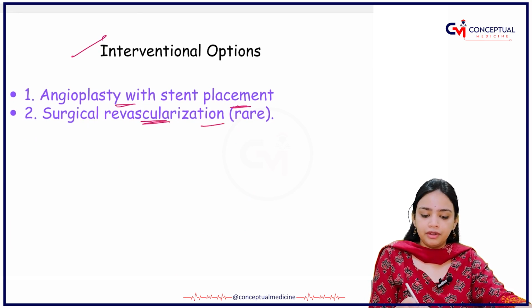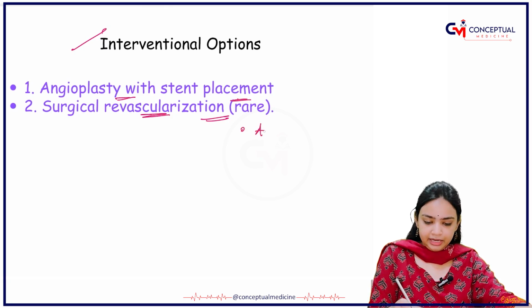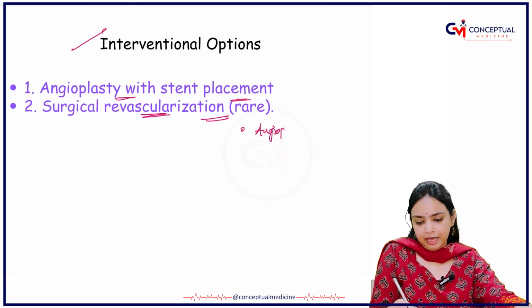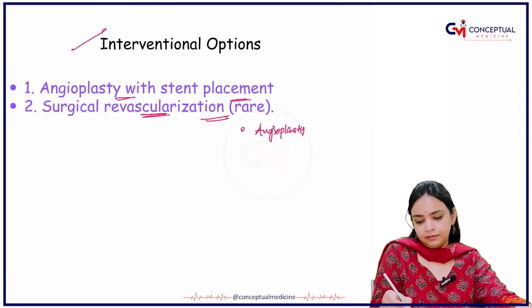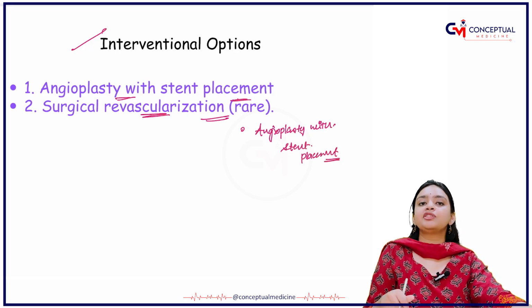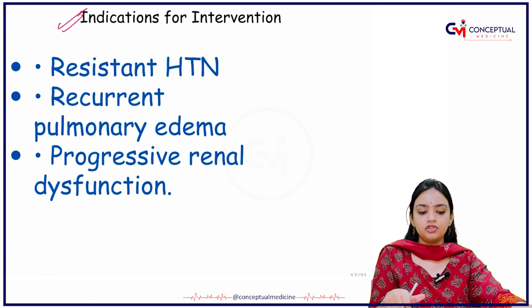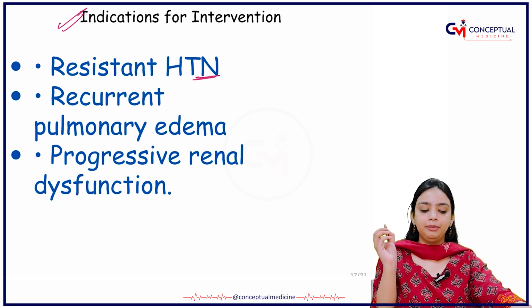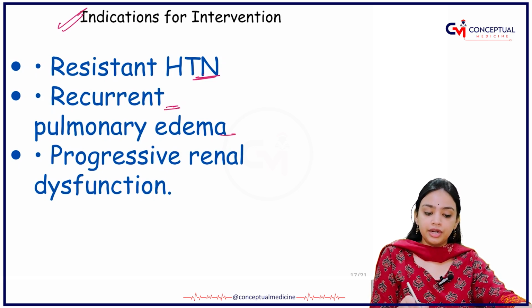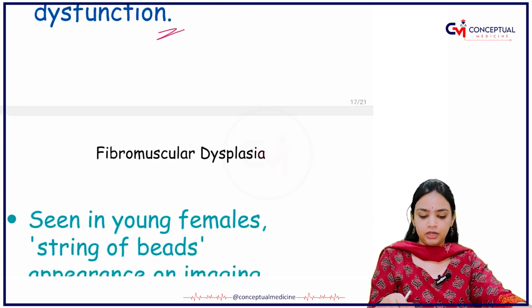There is surgical revascularization and it is done rarely. What are the indications for intervention? If there is resistant hypertension, recurrent pulmonary edema, and progressive renal dysfunction.